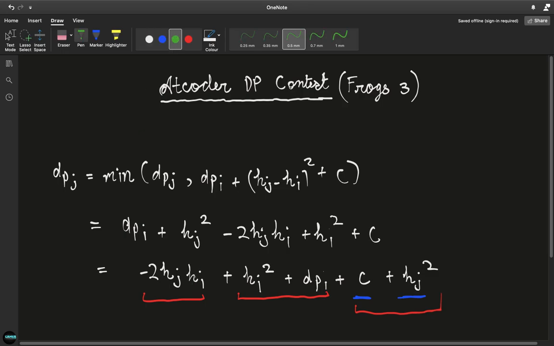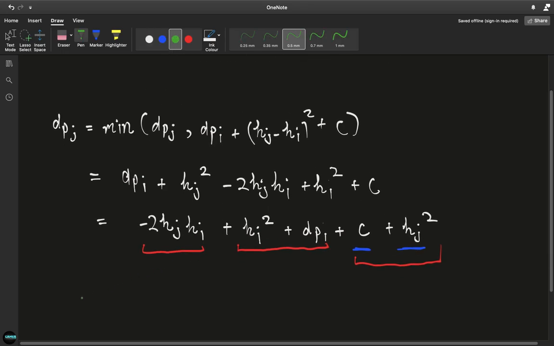Now, if you look at the equation of a straight line, y = mx + c, you can actually see that this recurrence we have is actually y = mx + c. How is that?